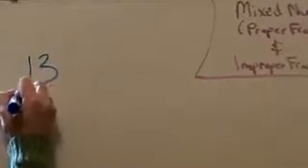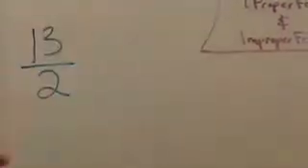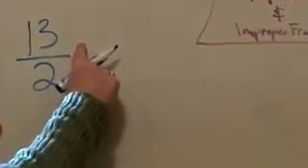Now to do the reverse, which is something you would need to do after you were done working with a number to get it in proper form. Say you have this number, 13/2. Now I tell the kids that this is improper because it has a big head. And you don't want any fractions with big heads.